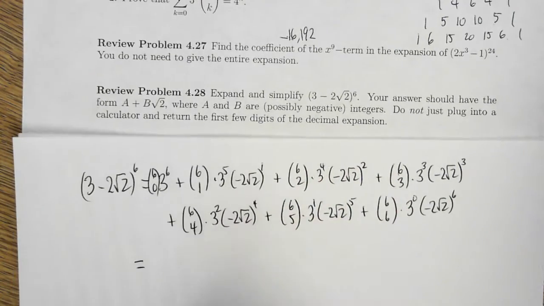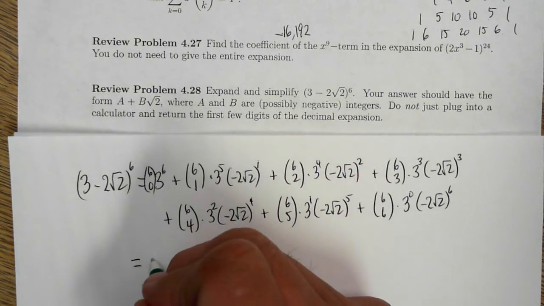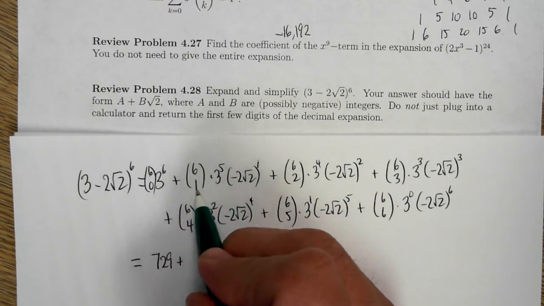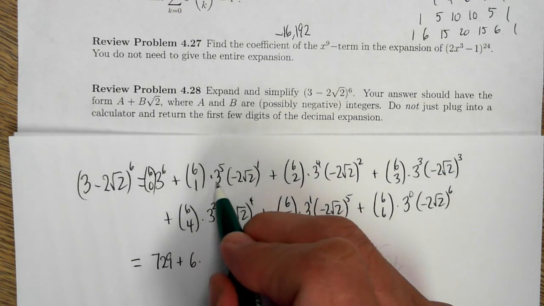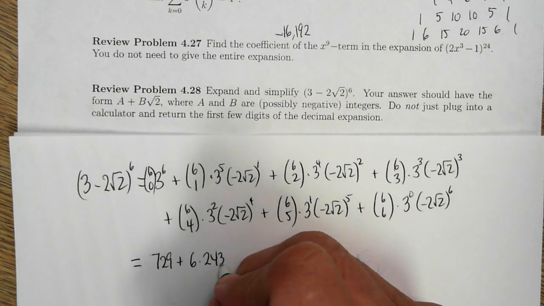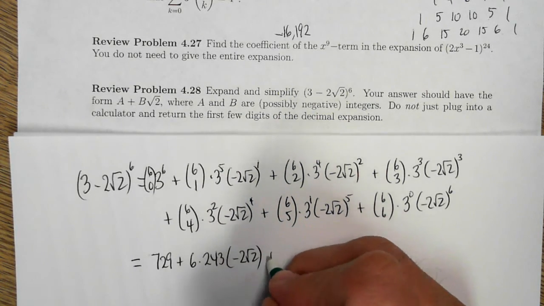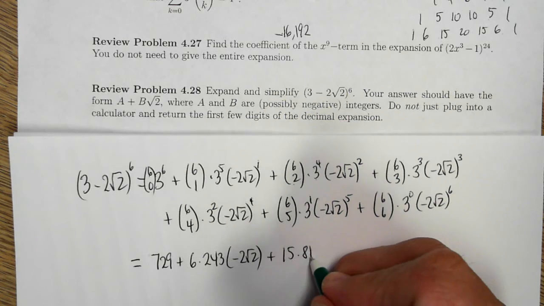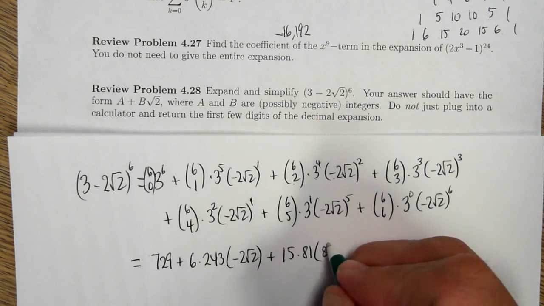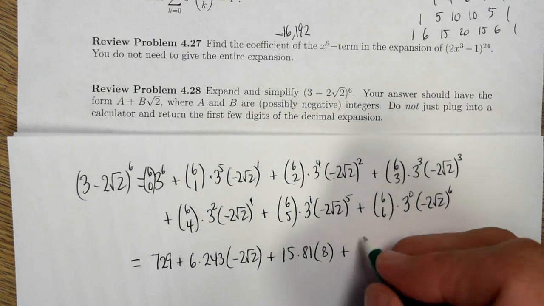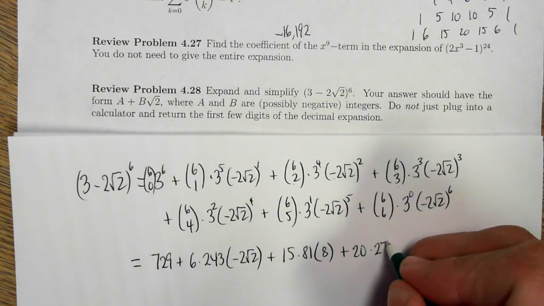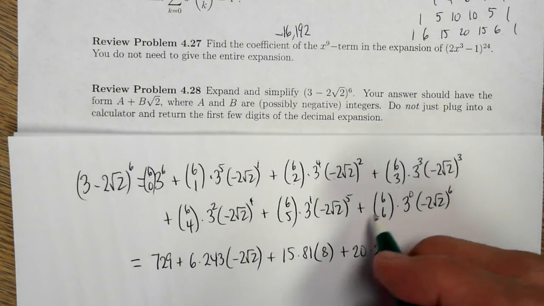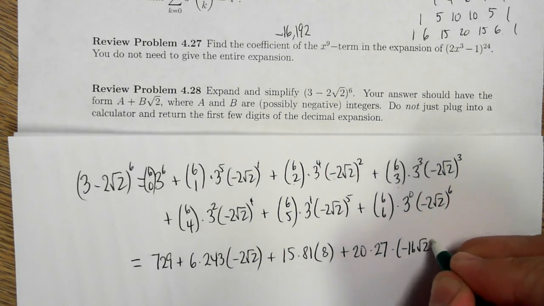Okay, so if we do the arithmetic here, 3 to the 6th is going to be 729. 6 choose 1 is 6, times 3 to the 5th is 243, times negative 2 square root of 2. 6 choose 2 is 15, times 3 to the 4th is 81, times (negative 2 square root of 2) squared is 8. 6 choose 3 is 20, 3 to the third is 27, and (negative 2 square root of 2) to the third power works out to be negative 16 square root of 2.